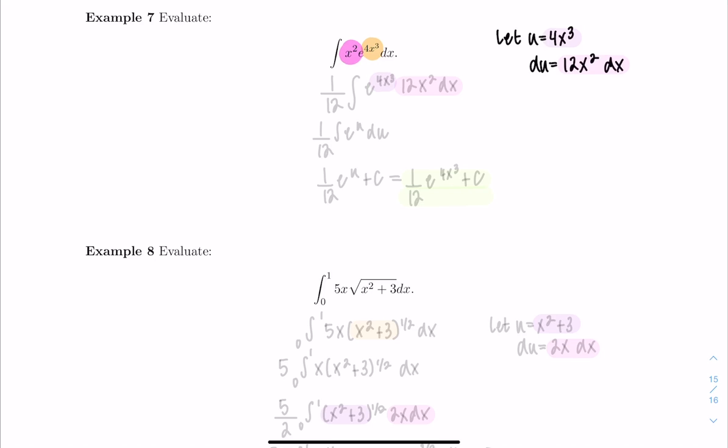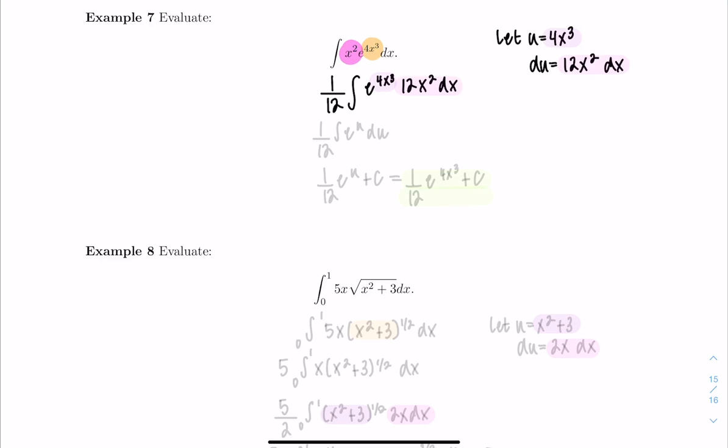The way that we can offset this so we don't change the original is I can put a 1 over 12 outside of the integral. And then I can put the 12 in front, because the 12 and then 1 over 12 will end up canceling out and not changing anything.